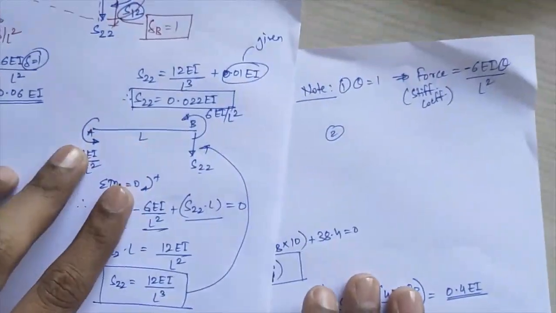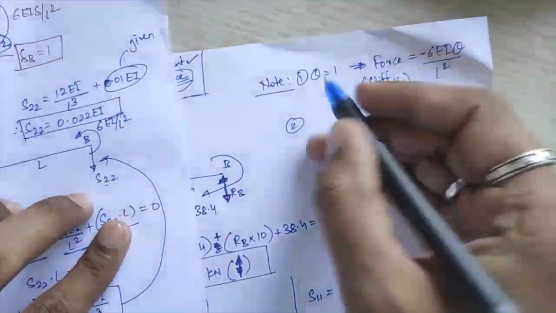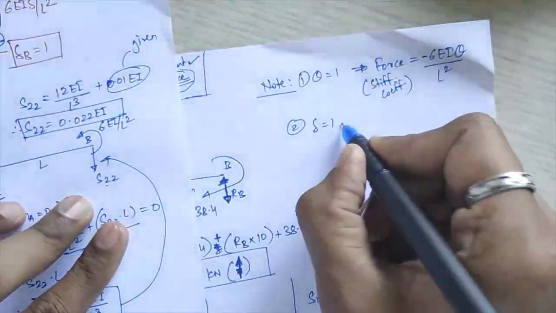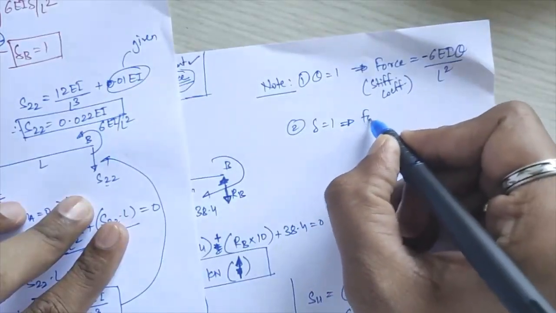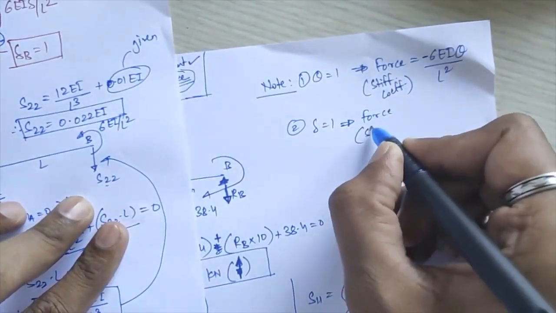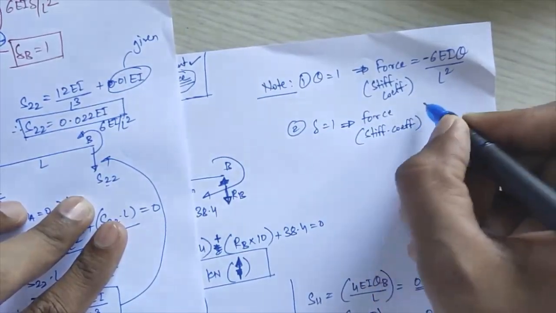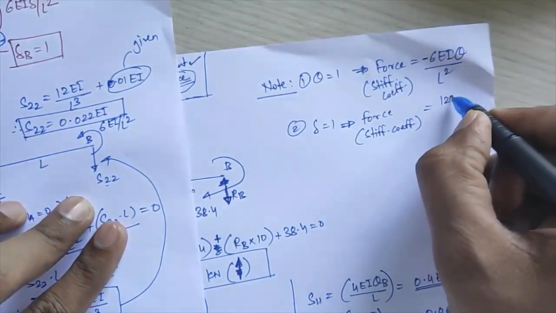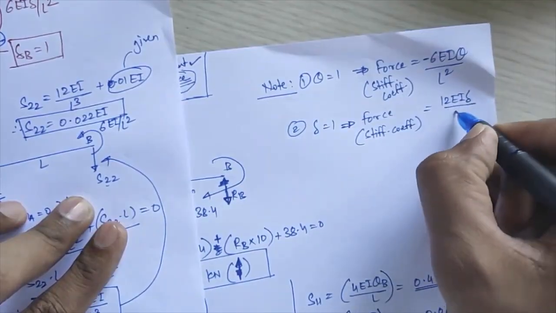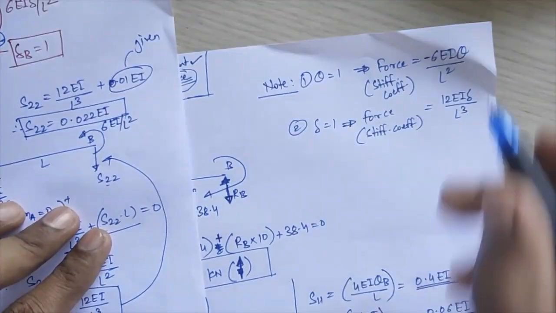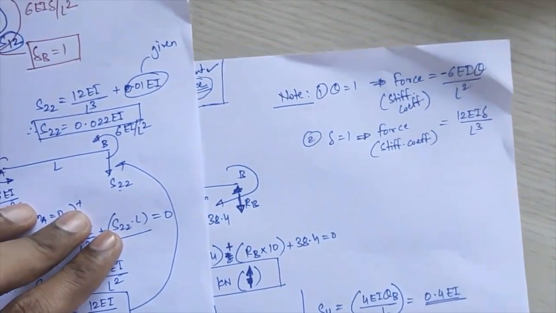So here note number 2 comes, that is, if you are applying delta equal to 1, then for force your stiffness coefficient will be equal to 12 EI delta upon L cube over there, whereas this delta will be equal to 1.